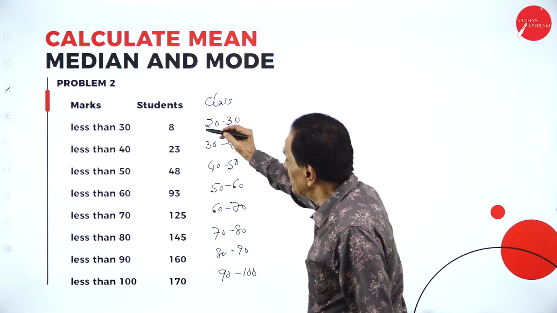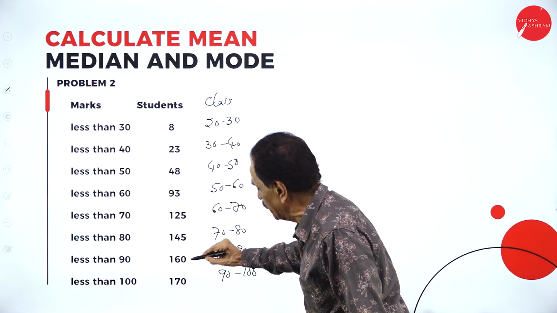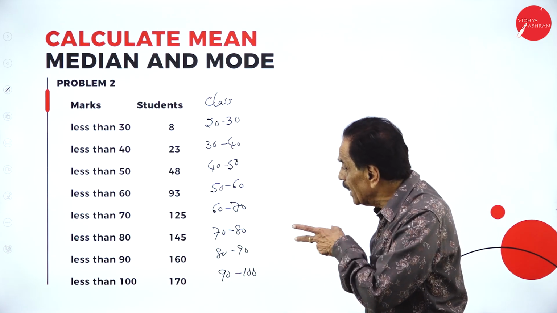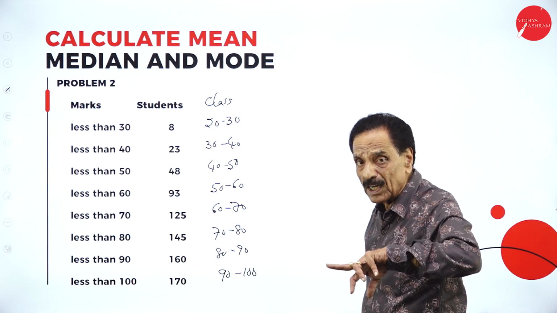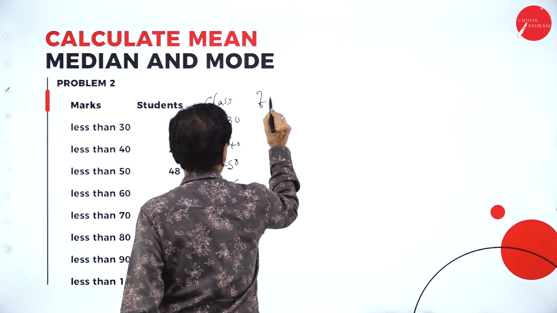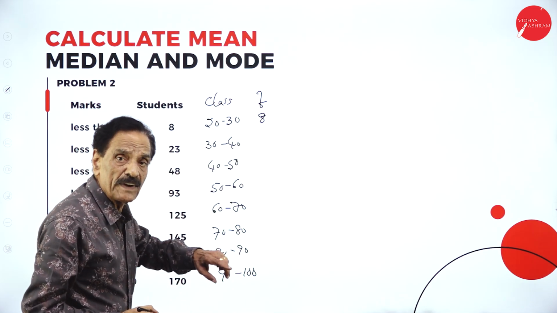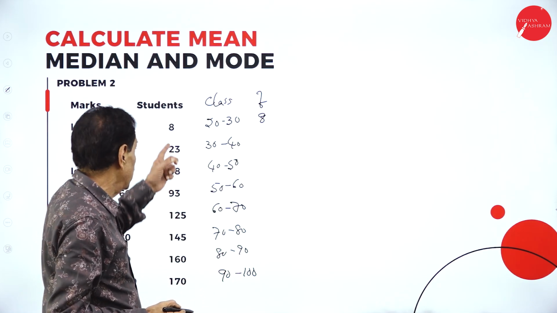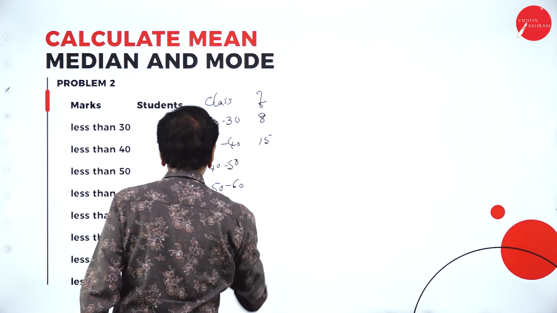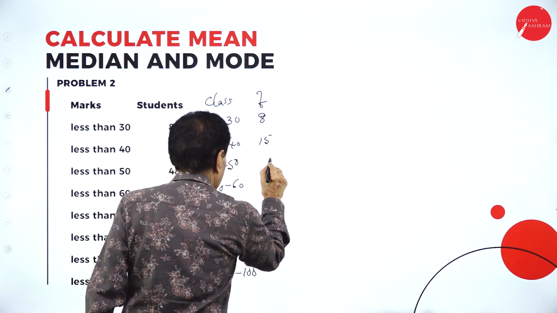You see the frequency 8, 23, 48, 93, 125, 145, 161. So these are in ascending order. There is no variation in number. Now you have to convert into frequency. What is the first number? 8. Bring out the difference between the first number and second number. 8, 15, 23 means 15. Second and third, 23, 48, 25.